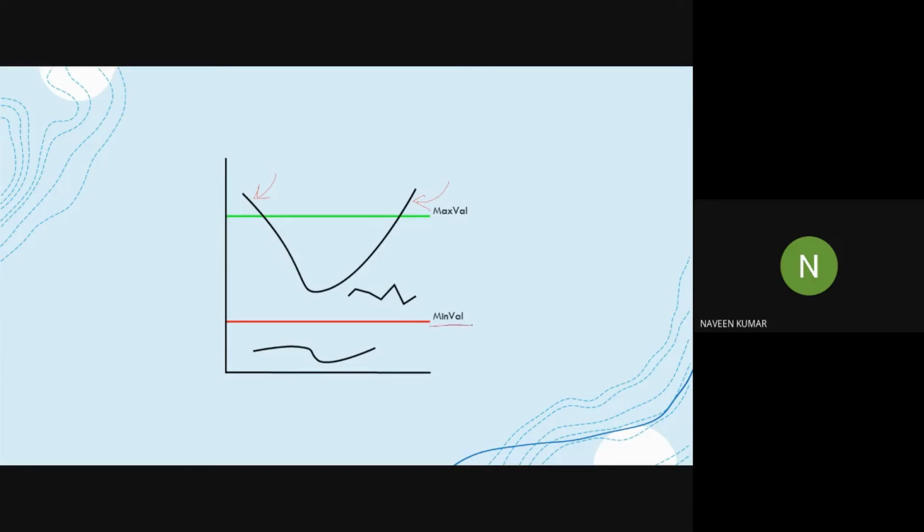And everything below this min val is discarded, so this will get discarded. And between max and min val, we check if the edge is connected with a sure edge; if so, we keep it, and if it is not connected to any sure edge, it will get discarded.